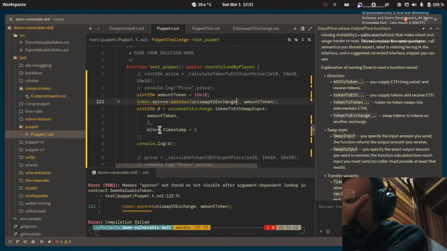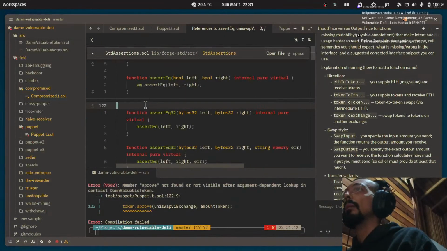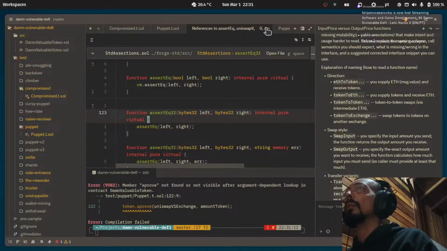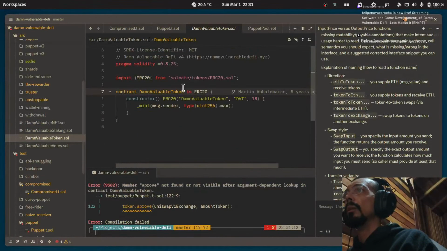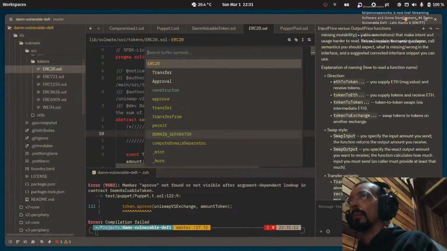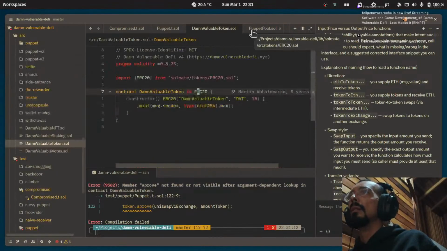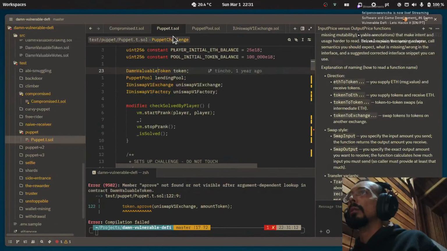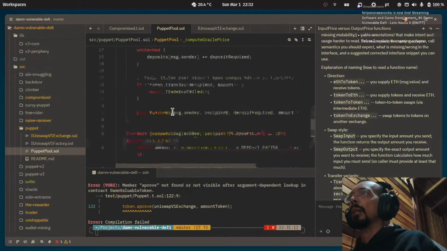And approve token, approve amount. Yeah, I think that should be right. If that's not right, we can find out inside the token. Spend that amount. Yeah, that's correct. I think what's just missing is the return. That I don't really care right now.